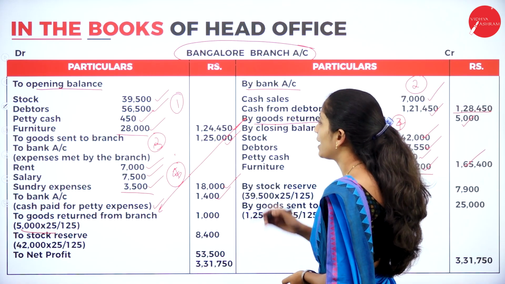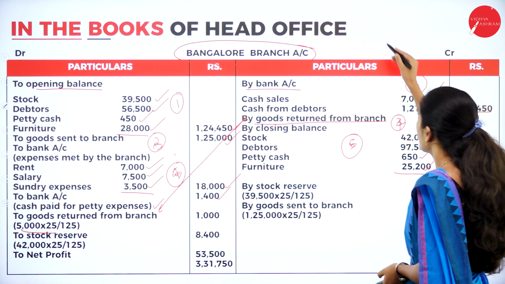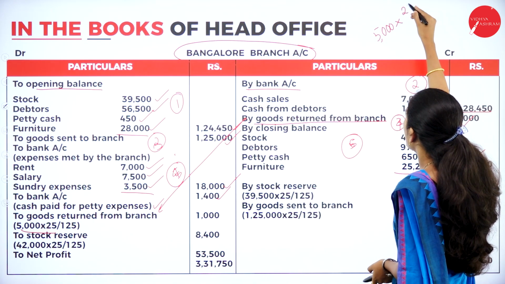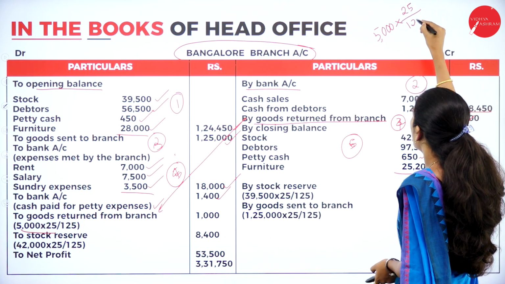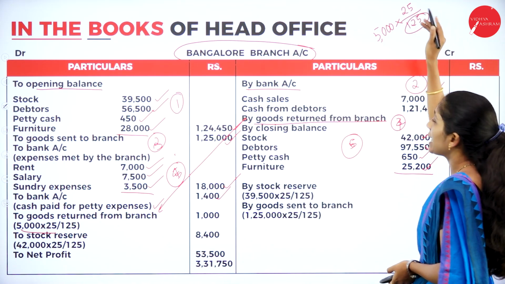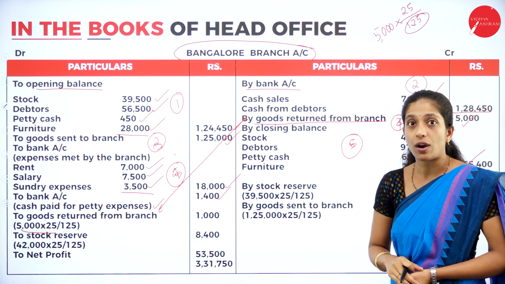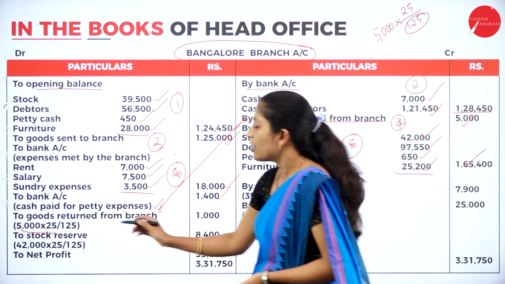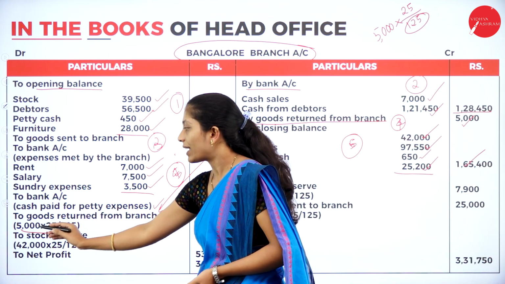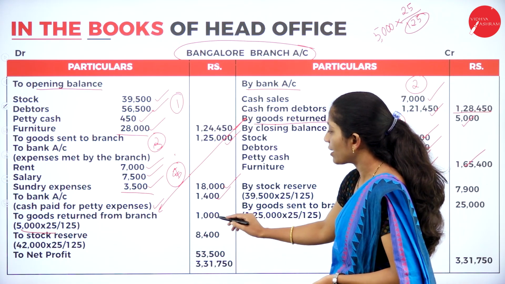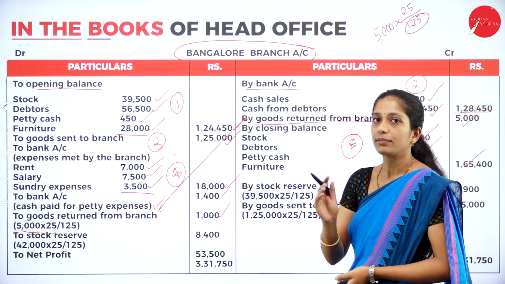So how to calculate? 5,000 into 25 divided by 125, because this includes the loading, that is, 25% of invoice price. So we'll get 1,000. Clear?